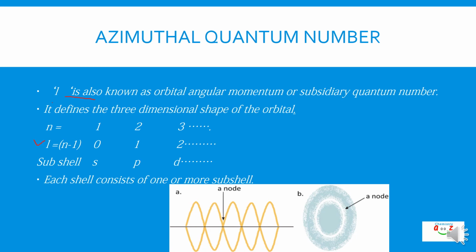Means suppose if you have n is equal to 1, then the value of L starts from 0. So if n is equal to infinity, then for L it is infinity minus 1. And it gives an idea about the subshell also.